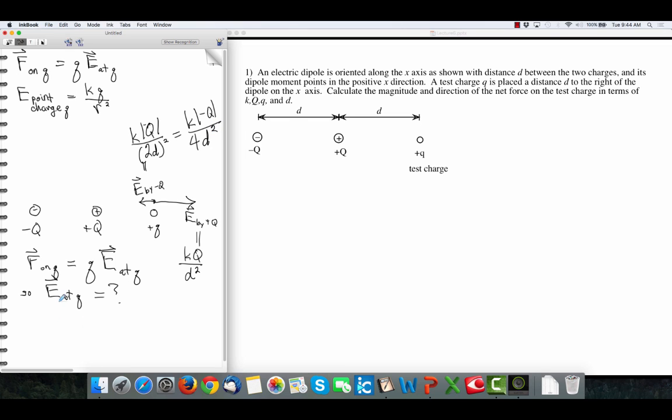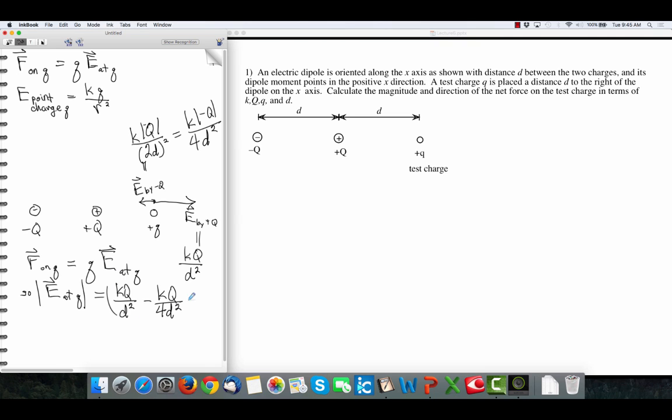And so E at Q, well, let's do the magnitude first. We have KQ over D squared to the right minus KQ over 4D squared, because that's to the left, so we have to subtract that to get the magnitude of the total.